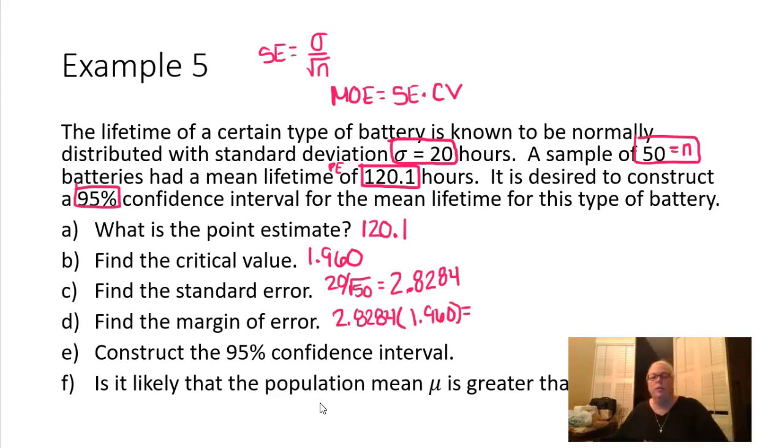We'll round that to 4 decimal places. And this is giving me 5.5437.